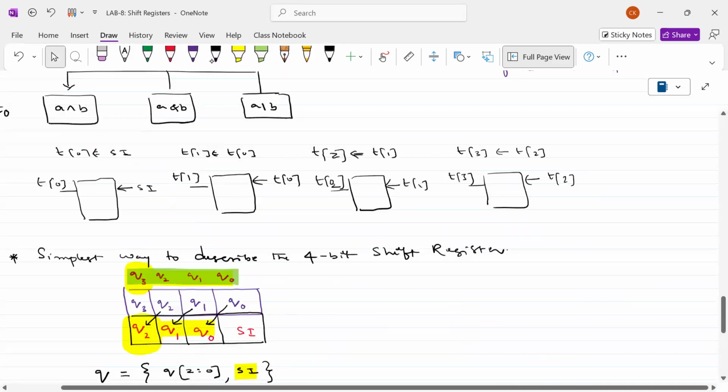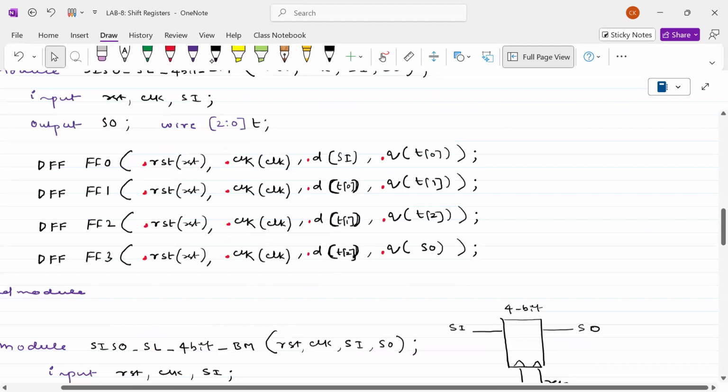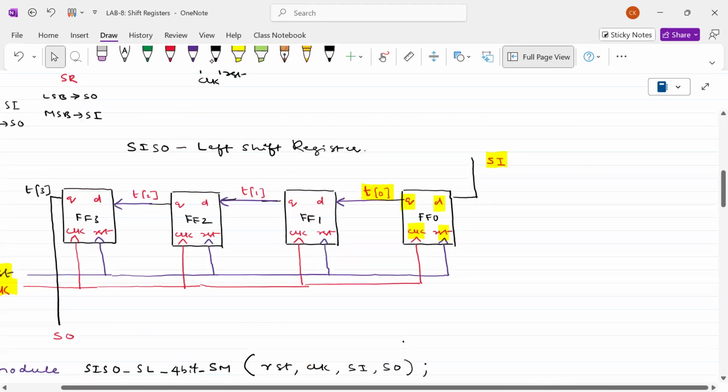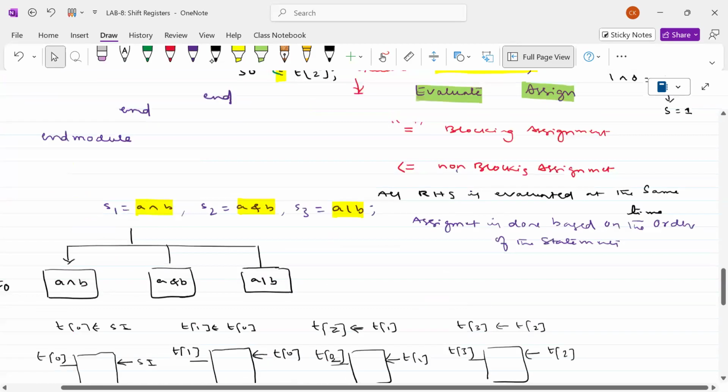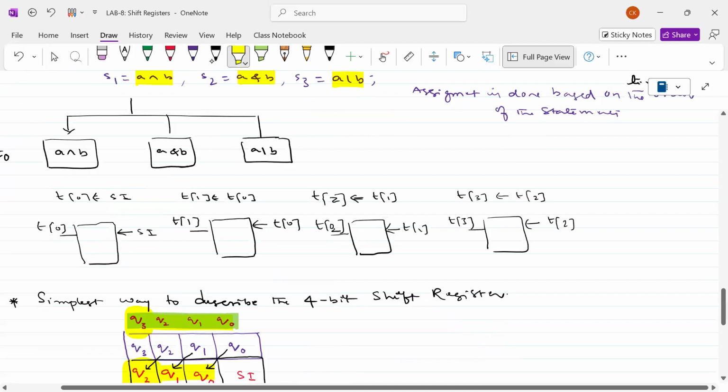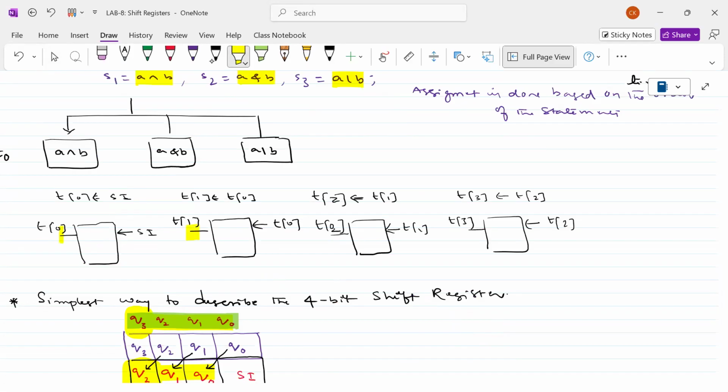So this is how we can write it. This is the first flip-flop. Let me write here only. Here you can see this is the one output, this is the second output, third output, fourth output. The 4 outputs. Therefore this 4 outputs information will be transparent everywhere.